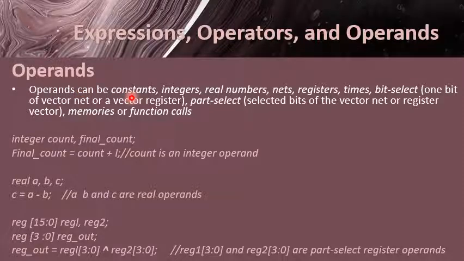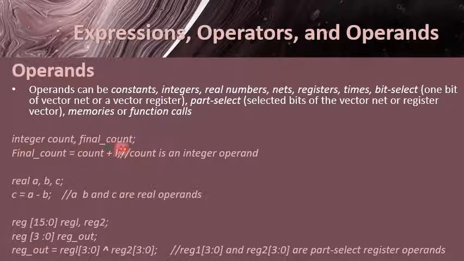Operands can be constants, integers, real numbers, nets, registers, times, bit select, part select, memories or function calls. Bit select means one bit of a vector net or a vector register. Part select means selected bits of the vector net or register vector. Basically, operands can be any of the data types that you have studied in module 2.